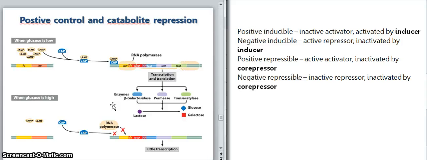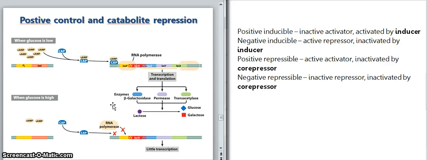So how is this? This is called catabolite repression, where normally there's repression of expression of other non-glucose metabolic pathways. But when glucose is absent, they are stimulated.